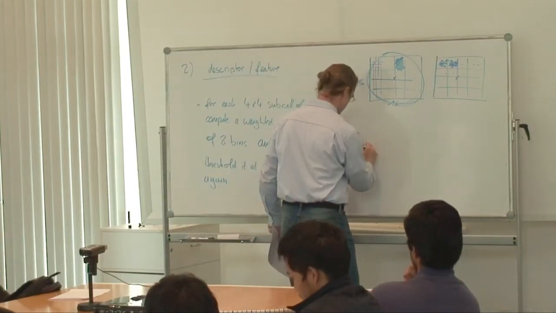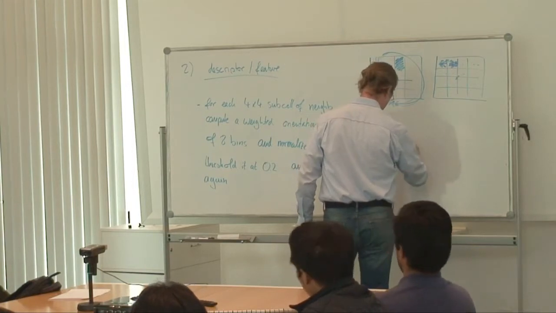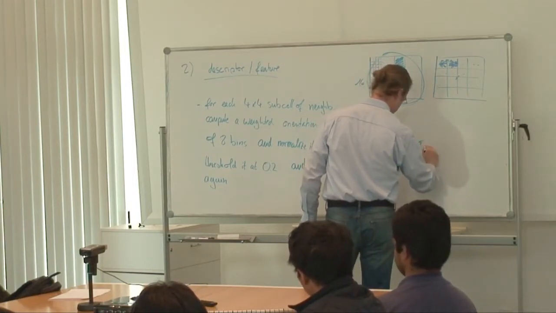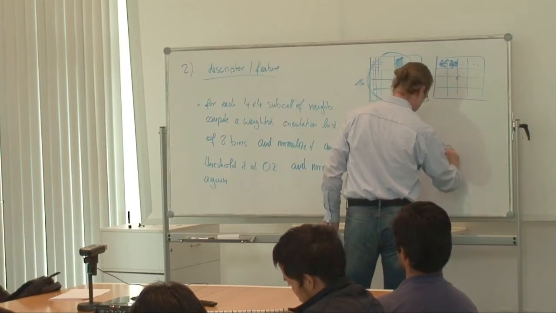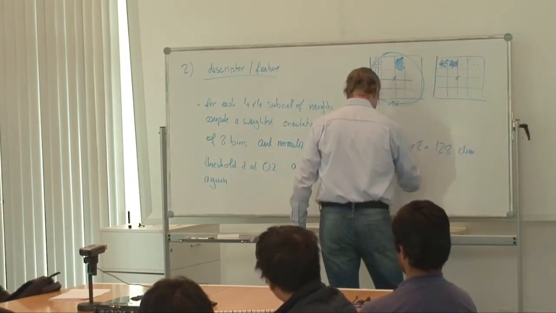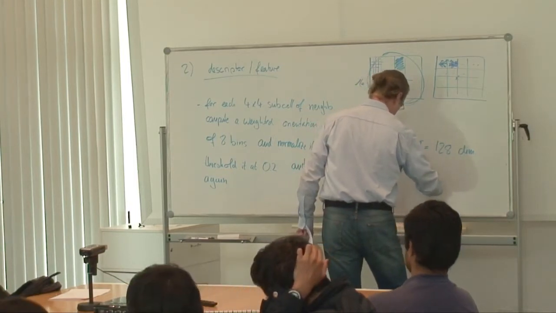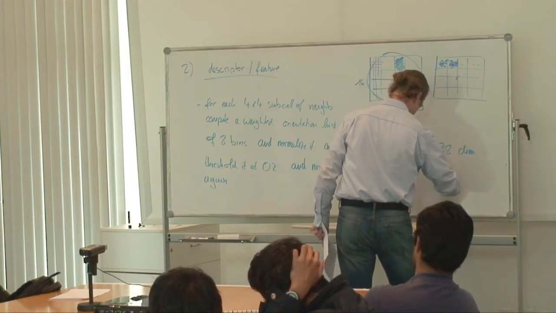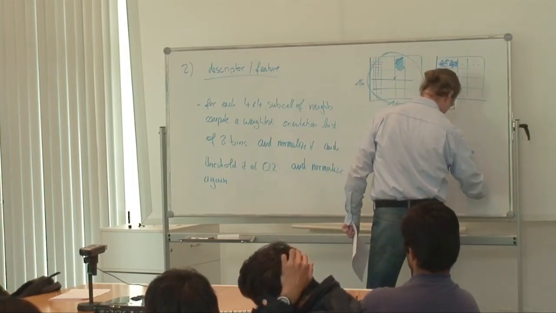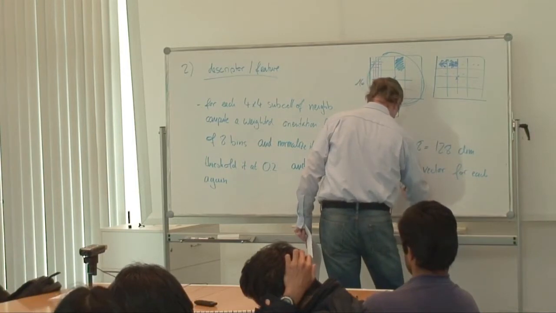So what that provides us is a 4x4x8 is 128 dimensional feature, and I say feature vector, for each key point.